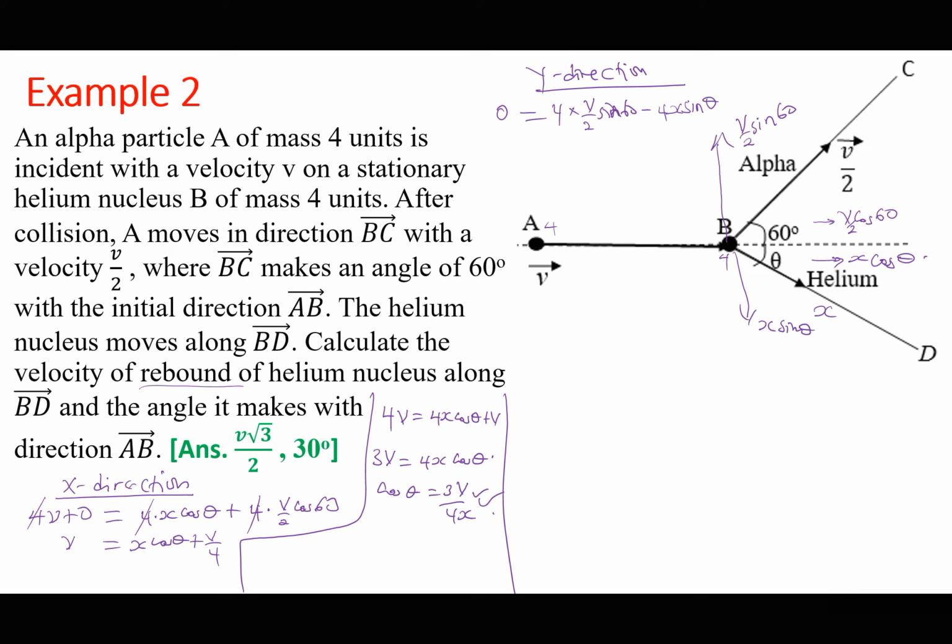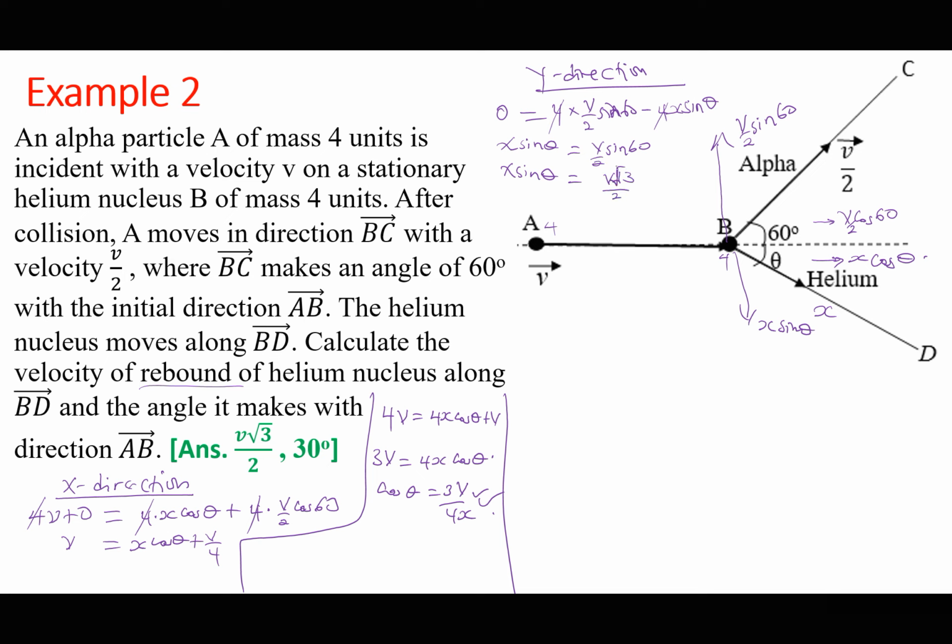So that means 4 cancels out, and I have that x sine theta is equal to V over 2 sine of 60. But I think sine of 60 is root 3 over 2. So I can say that x sine theta is equal to V root 3 over 2.